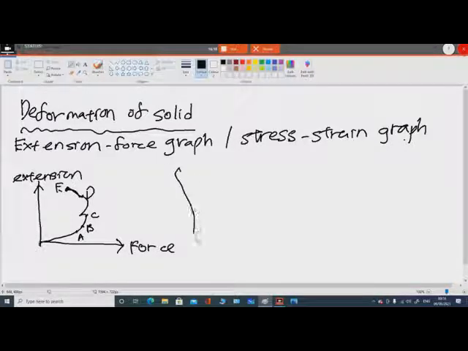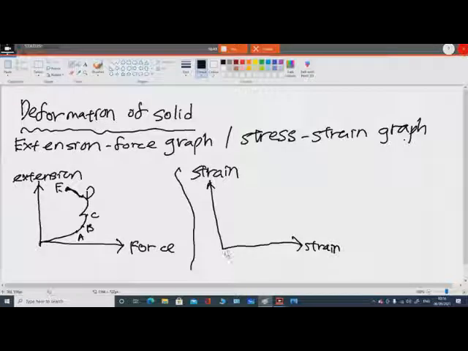Okay, so what about the stress-strain graph? This is an example for an object, not object, should be material. So this is the graph of that material.